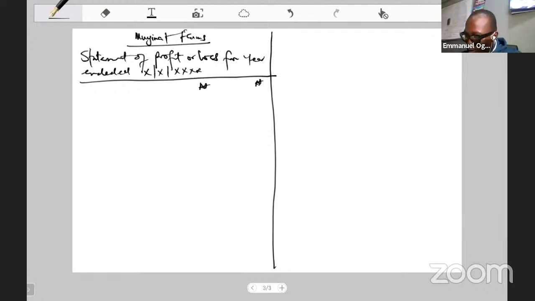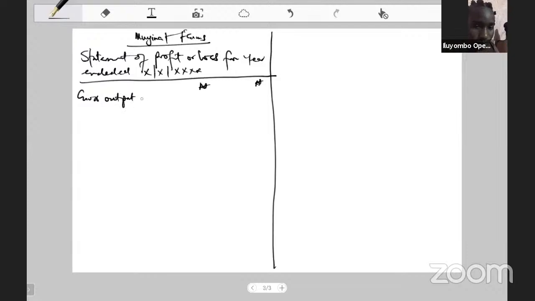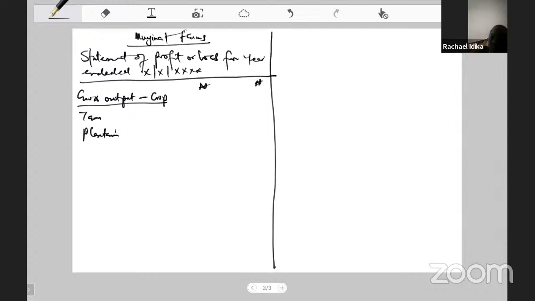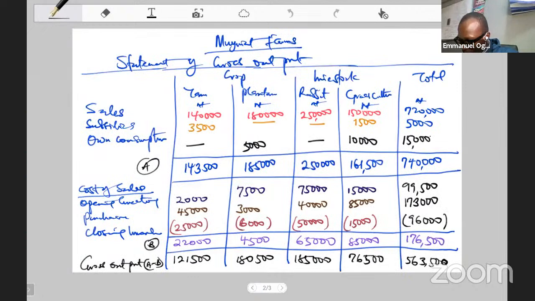So the first thing I need to put here will be the gross output. The gross output for crop. What are the items of crop? Yam and plantain. So let's go back. What was the value of gross output for yam? 193,500.